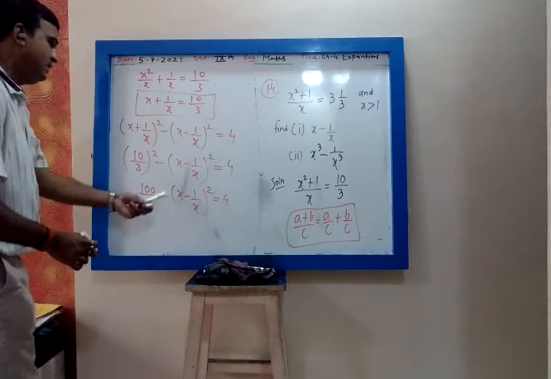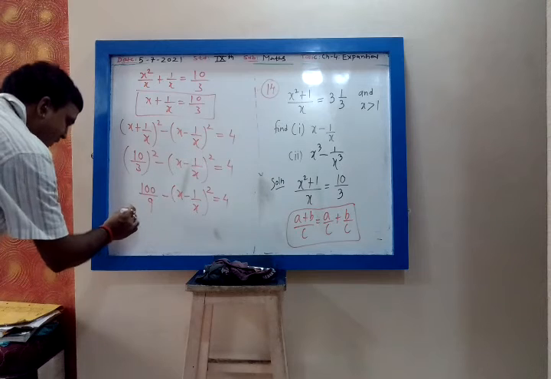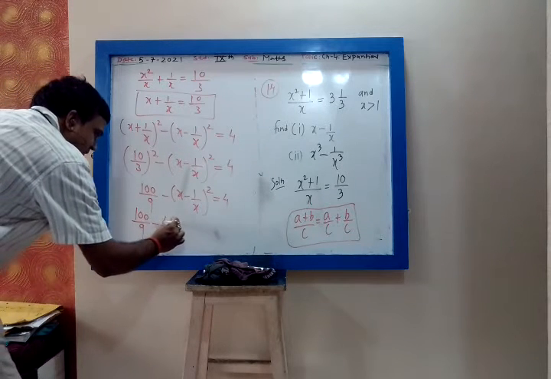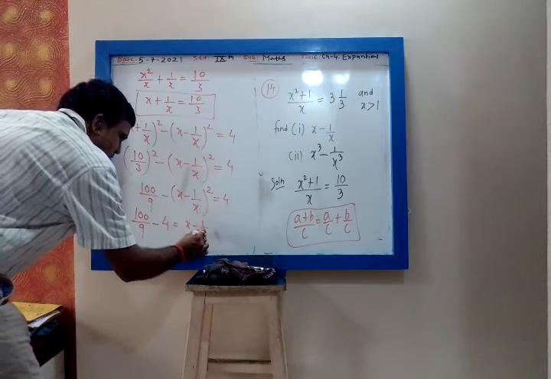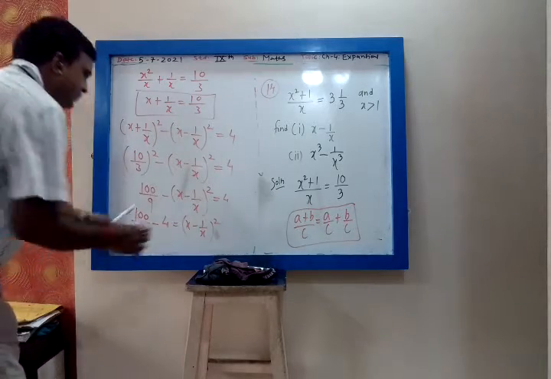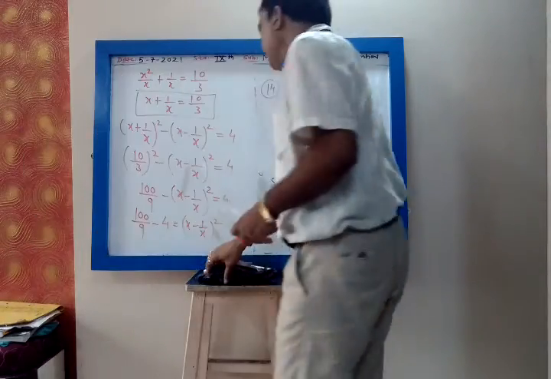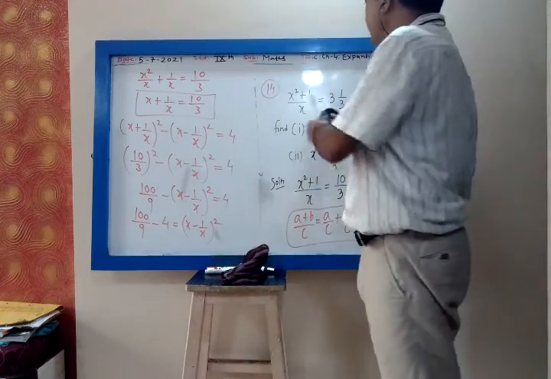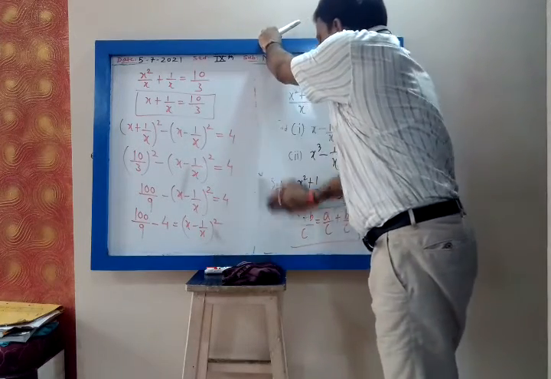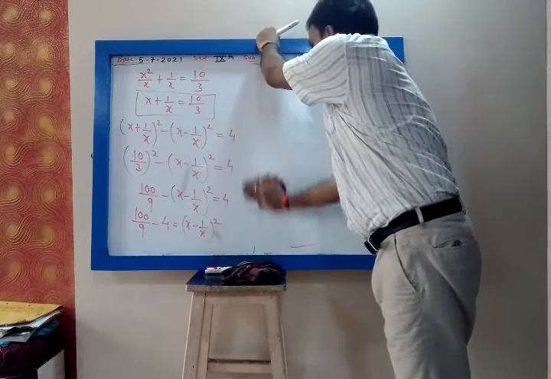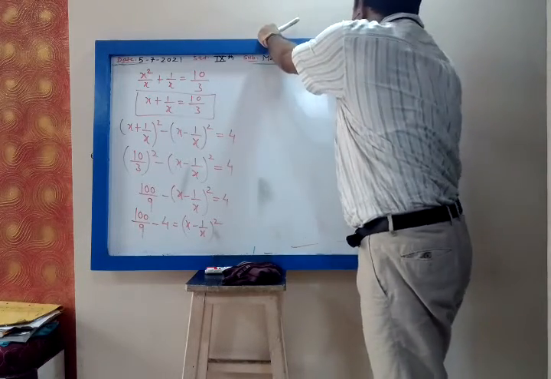Take 4 on this side, and this on the other side. So you will get 100 upon 9 minus 4 is equal to x minus 1 upon x whole square. When you take this on the right hand side, it will become plus. So cross multiply, 100 minus 36 upon 9.